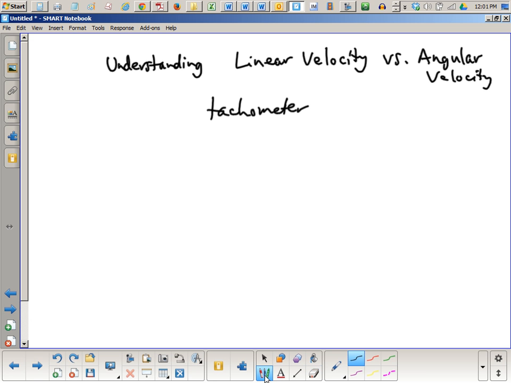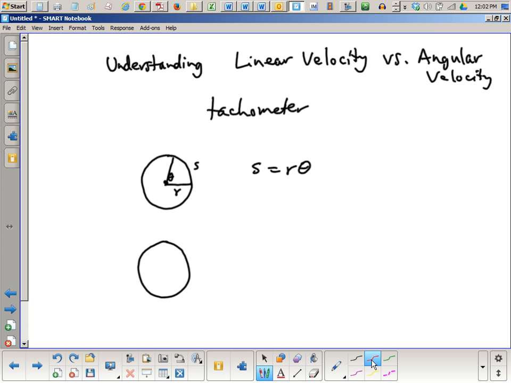Here's what I'm saying. If you take a circle and look at the static case, we know that r times theta gives us s. We just wrote that a few minutes ago, s equals r theta. If you put this in motion and talk about something moving along the edge of a circular path, you might not be interested in s.